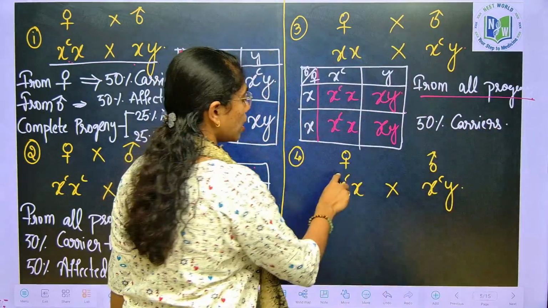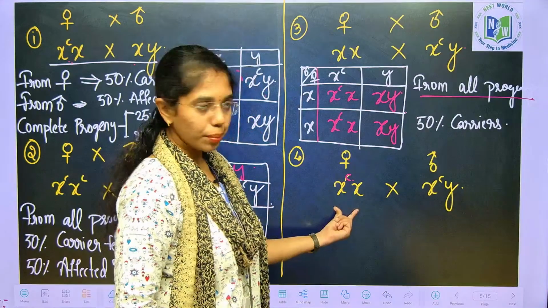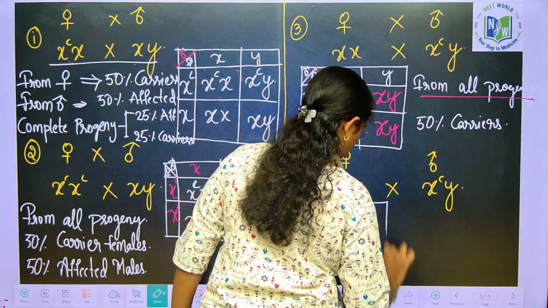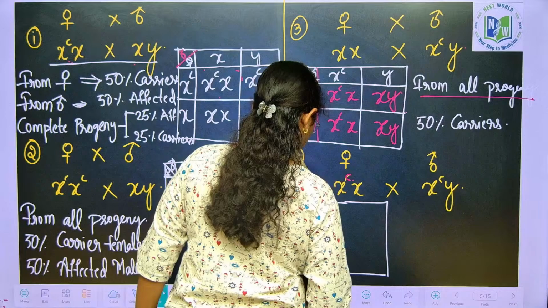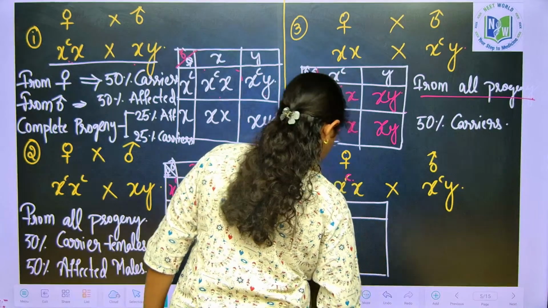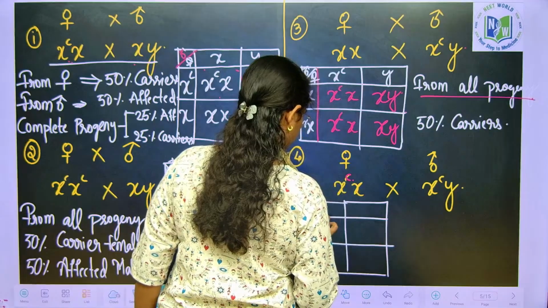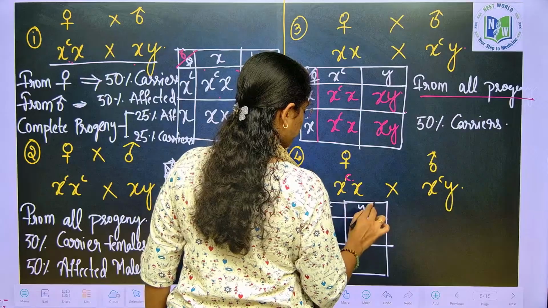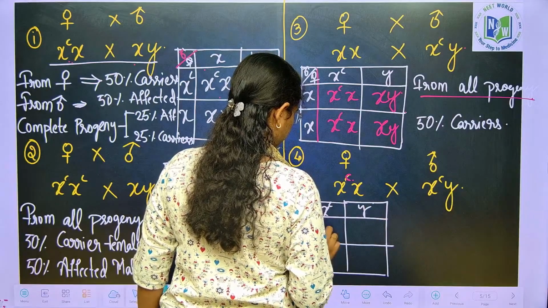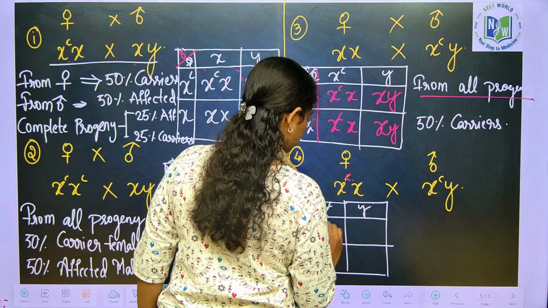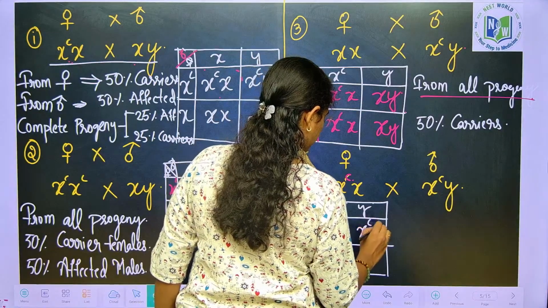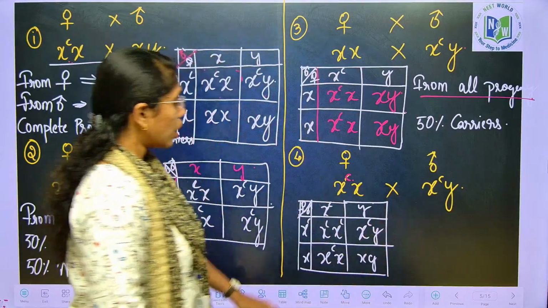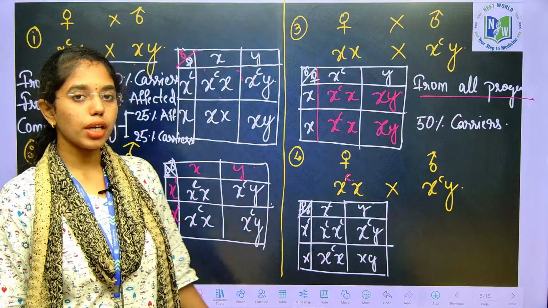And here you see, carrier female with affected male. Here, how much percent from the entire progeny are affected?